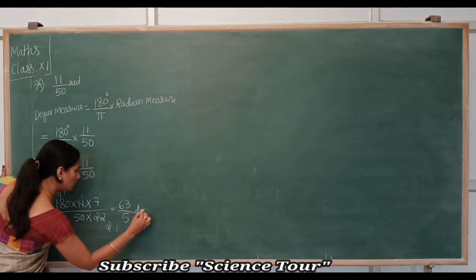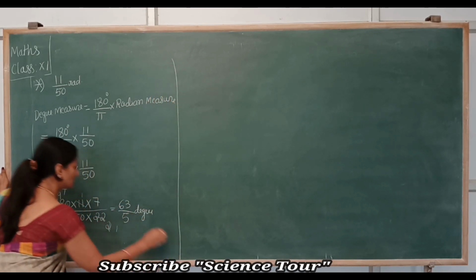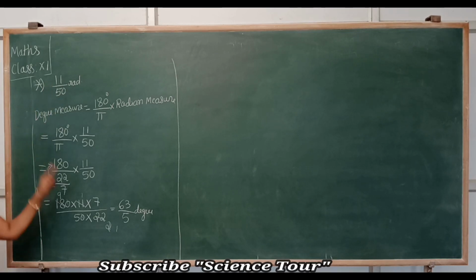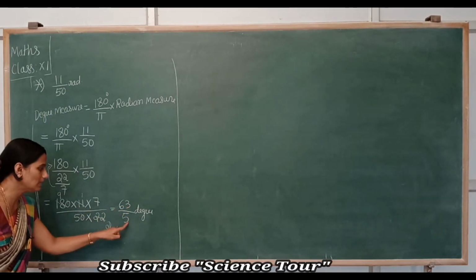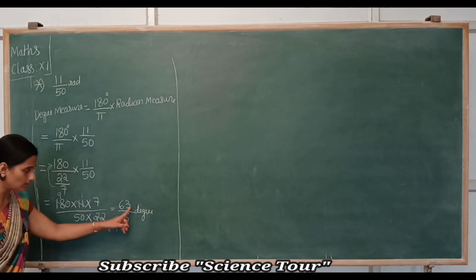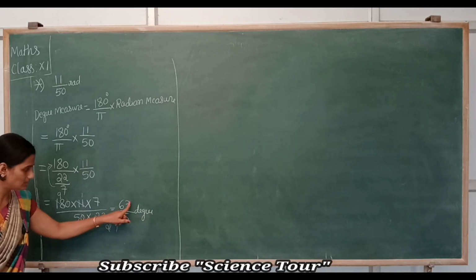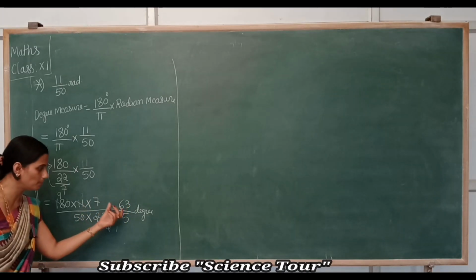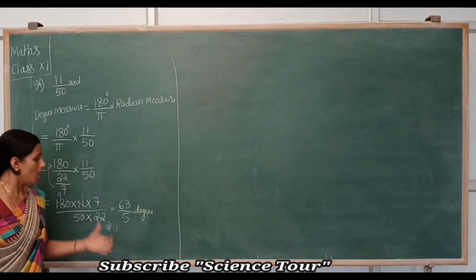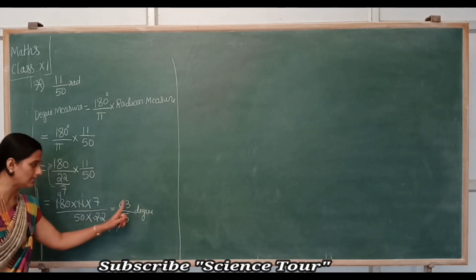What is the unit? Unit is now degree. So now 11 by 50 radian is equal to 63 divided by 5 degree. And again you know that in a degree there should not be a fraction. This fraction means you have to separate the integer part and decimal part by dividing.